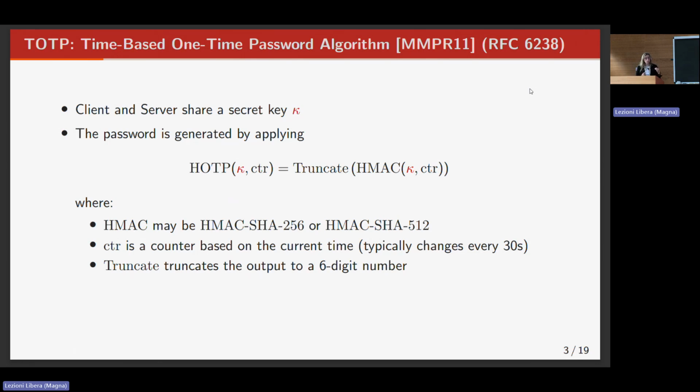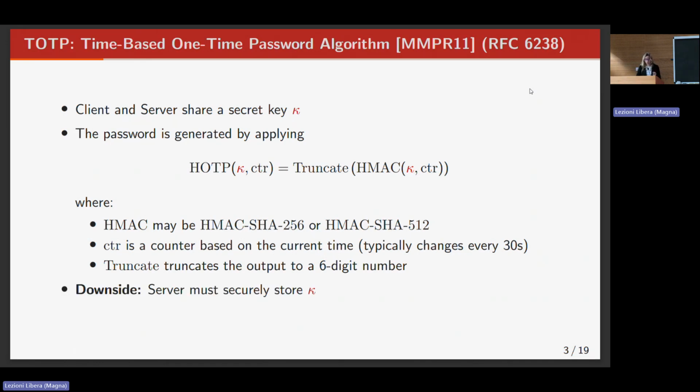The counter typically changes every 30 seconds so that a password is valid for a duration of 30 seconds. Then the output is truncated to a 6-digit number, among others, to make it user-friendly. And this code is sent to the server, which is going to perform the same computation in order to check that it coincides.